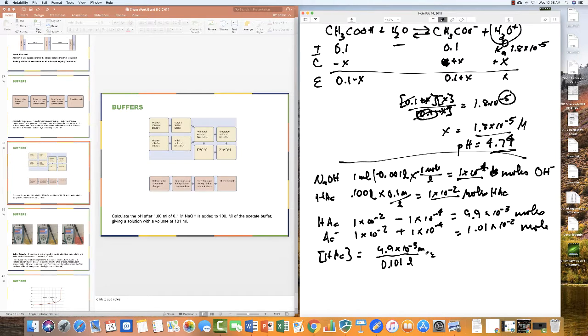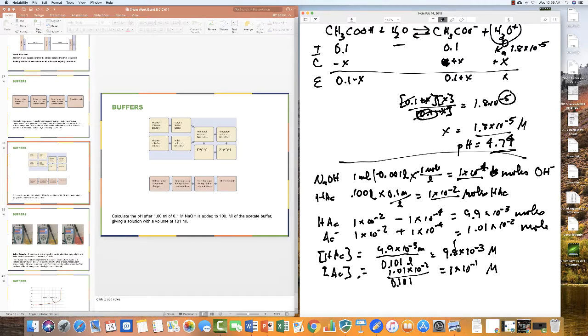And if you do the math here, the new concentration is 9.8 times 10 to the minus 3. And the new concentration for AC is going to equal 1.01 times 10 to the minus 2 over 0.101, which is going to go back to 1 times 10 to the minus 1.